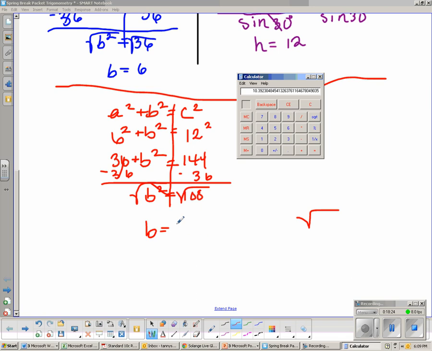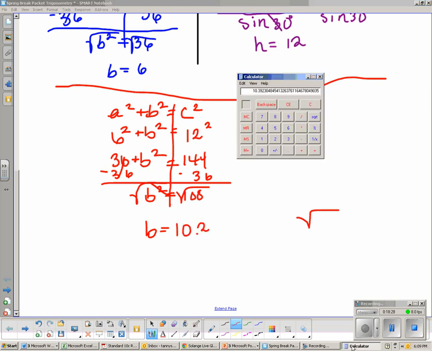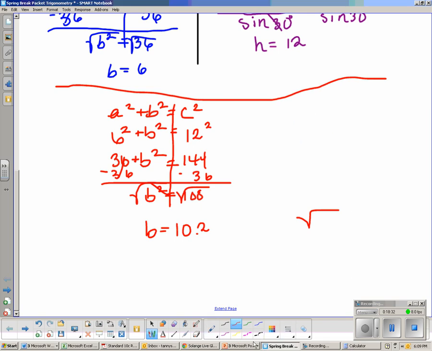10.392. I'm going to write that whole thing out just to demonstrate rounding to, let me go back, 0.392. Okay, because we're rounding to the nearest tenths place, I mean hundredths place, I should say, I'm going to use this to let me know if I leave it the same or go down.